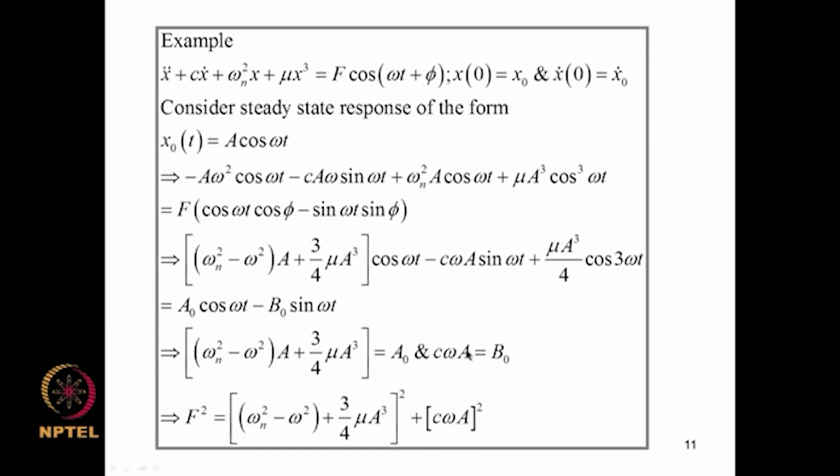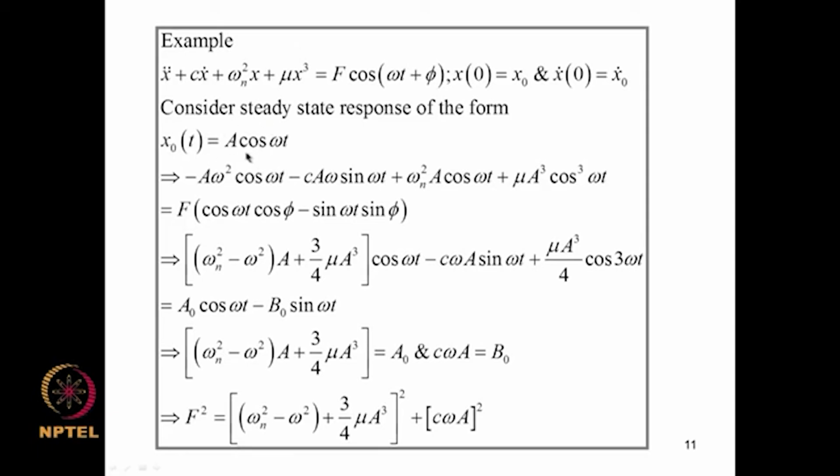Now, a similar system under harmonic excitation, a damped nonlinear system under harmonic excitation. If mu is 0, we know that response is harmonic for large times, that is a harmonic steady state. Now, we want to examine what should be the solution. So, if mu is 0, I have x naught of t is a cos omega t.